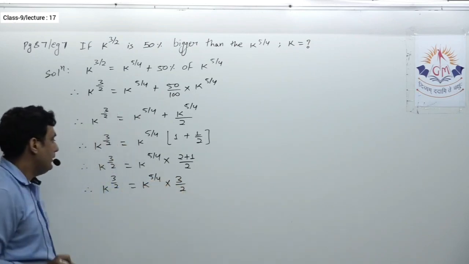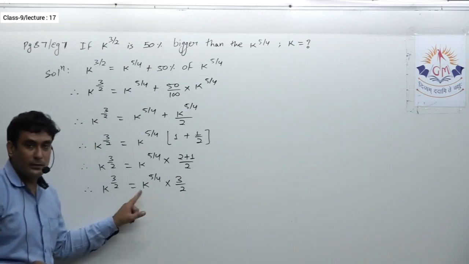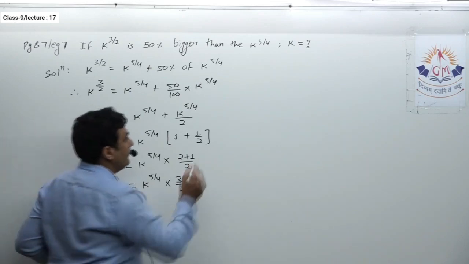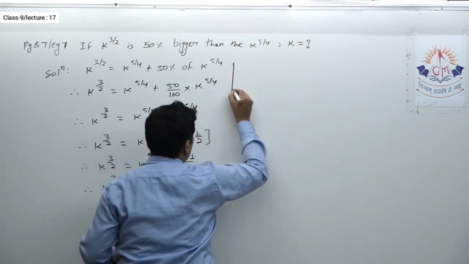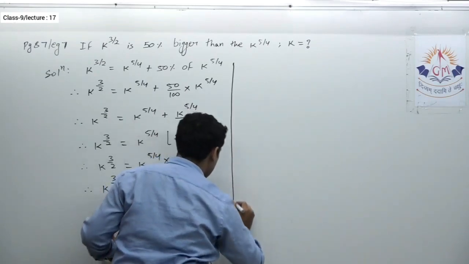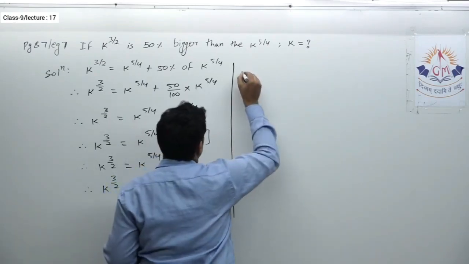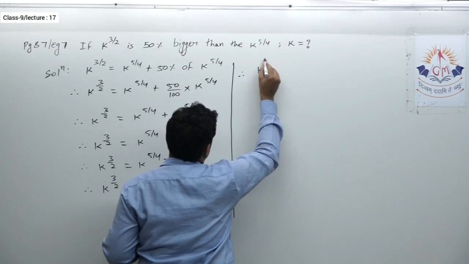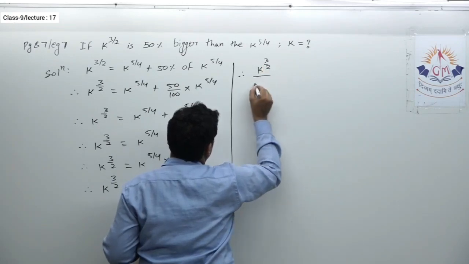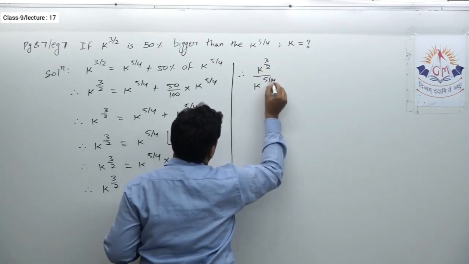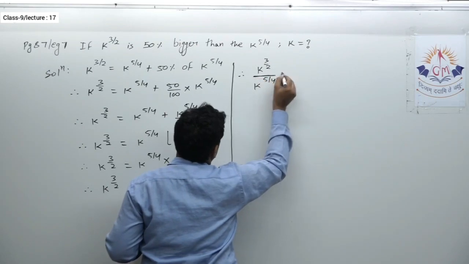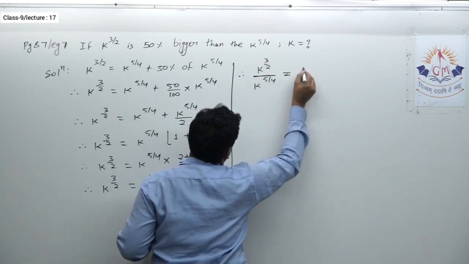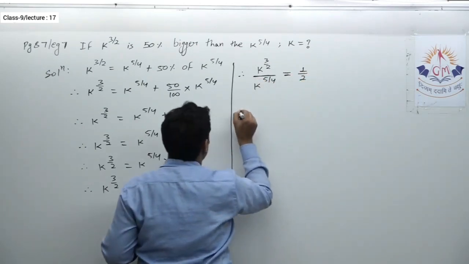Now I can take the term containing k on the left hand side. Therefore k raised to 3 by 2 divided by k raised to 5 by 4 is equal to 1 upon 2.